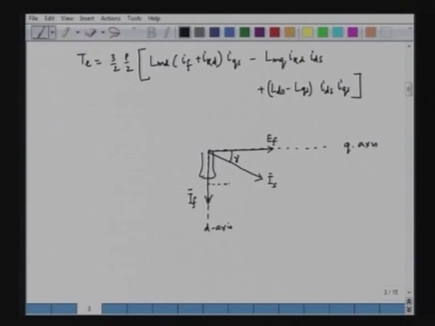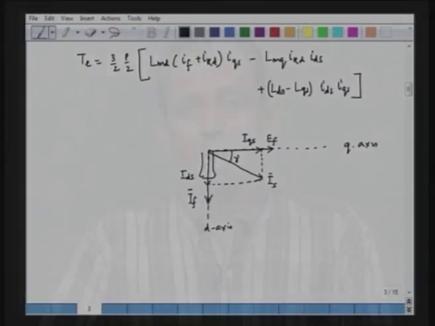This is the d axis component, which we call IDS, and if we project it along the q axis, this is the q axis component, which we call IQS.